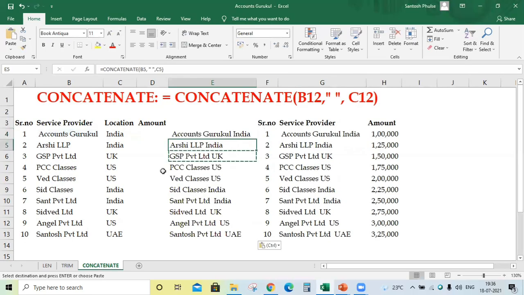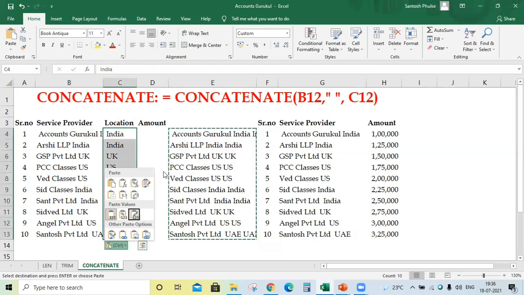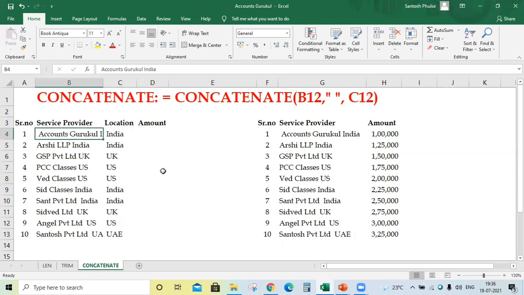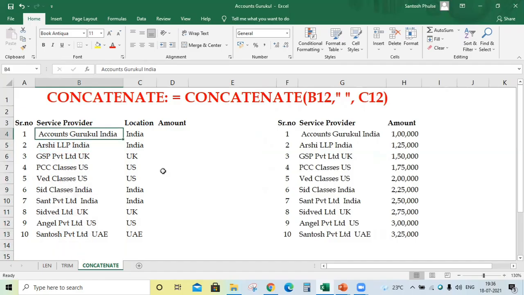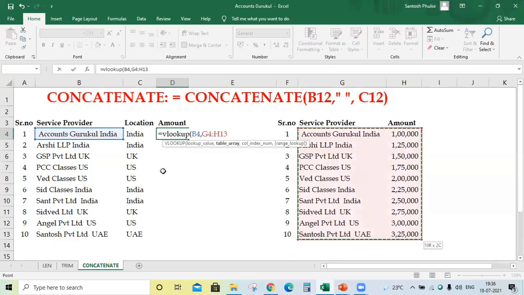So here you are able to see how we use this formula, and we have clubbed these two different columns into one column. So now you have the service provider with locations, and then you are able to use the VLOOKUP formula to find out how much amount we have paid to the service provider.